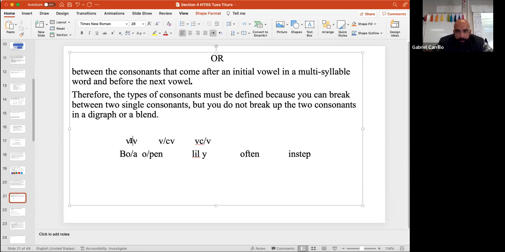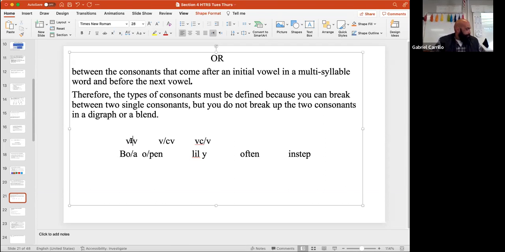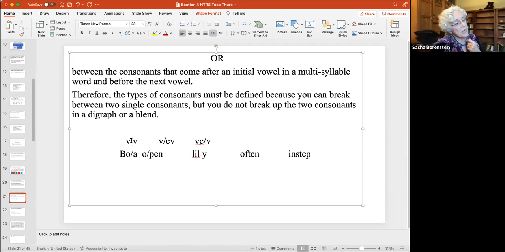It's closed. Why do you say it's closed? What are you thinking? I don't know. Guessing. Okay, so it is a single vowel and is at the end of the syllable, but it's not saying the sound that you expect, is it? No. So it is an open syllable that has collapsed into a schwa.